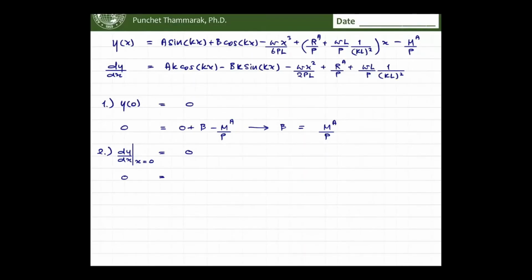So I get the AK minus 0 plus RA over P plus WL over P times 1 over KL square.